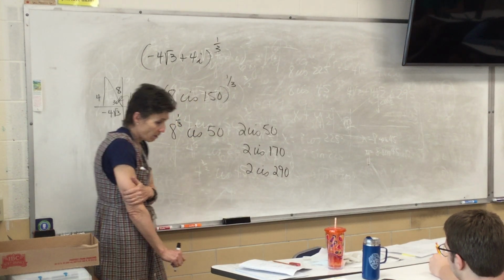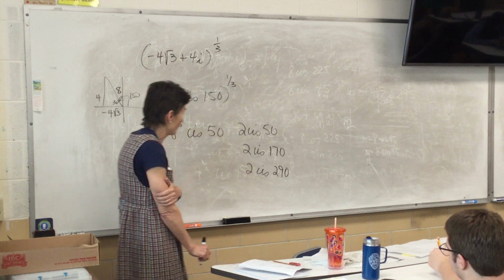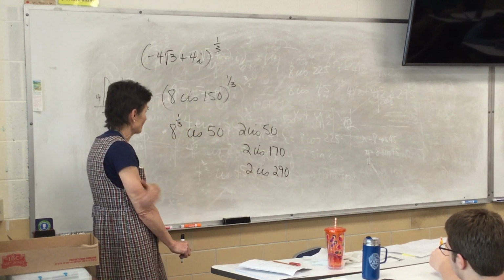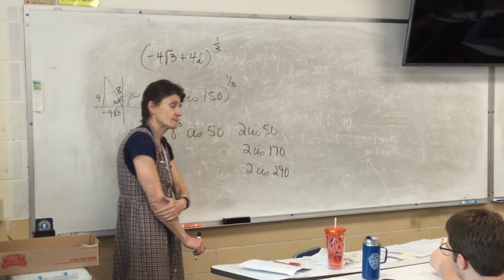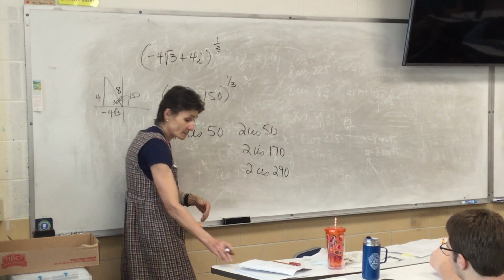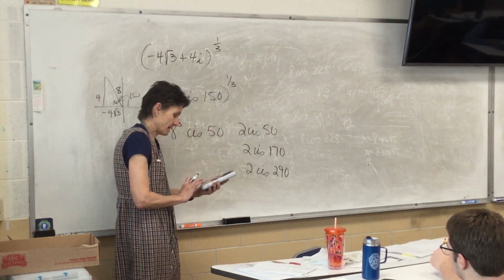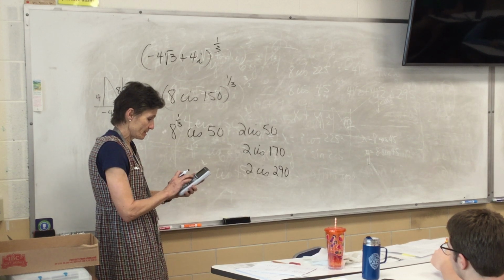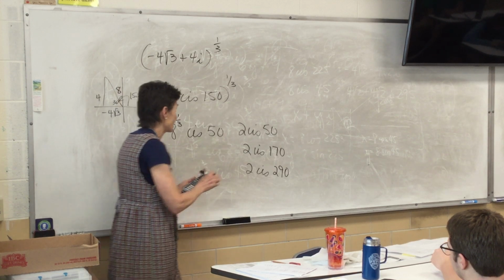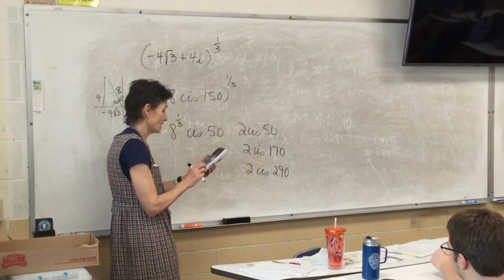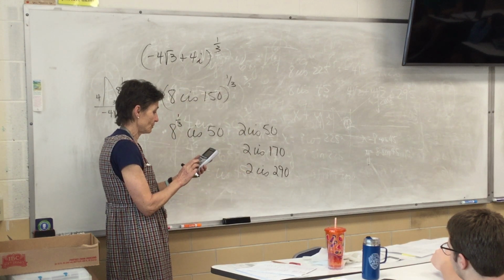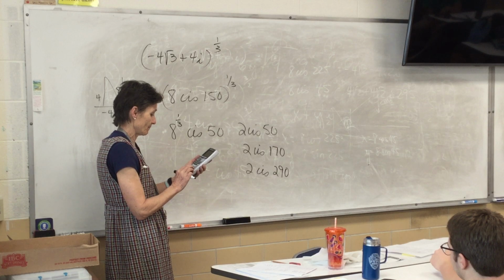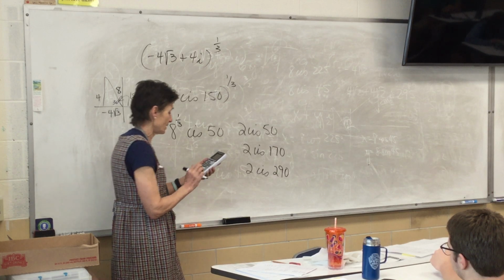Now those are the polar forms. So where it says P, that's it. Those are the polar forms. Now the complex forms, I am going to need my calculator. I am going to need to change into degrees, unless I change those to radians and that would be a hassle. So here we go. 2 cosine 50, 2 sine 50.